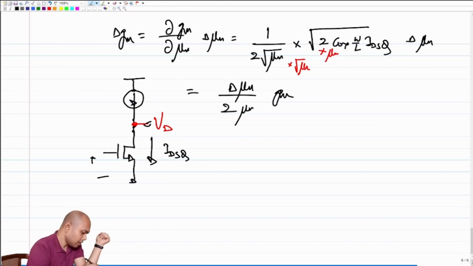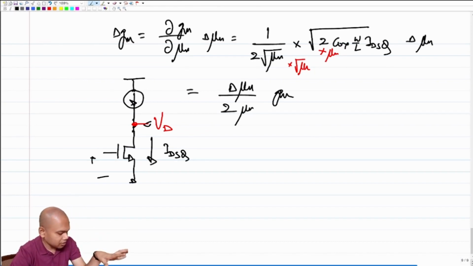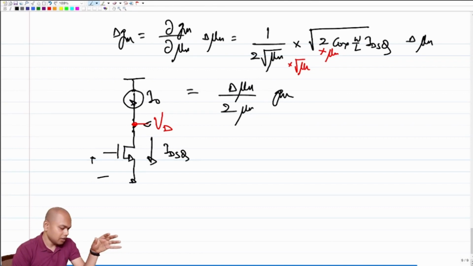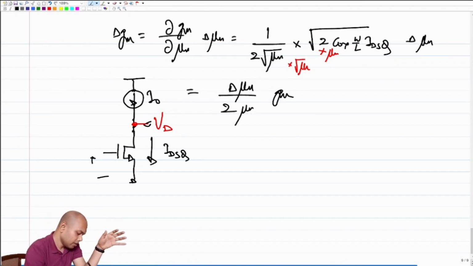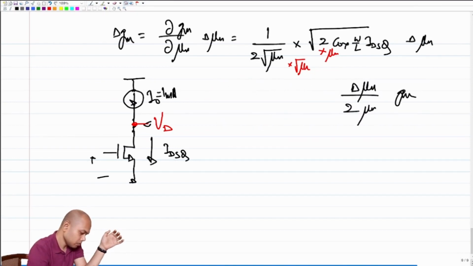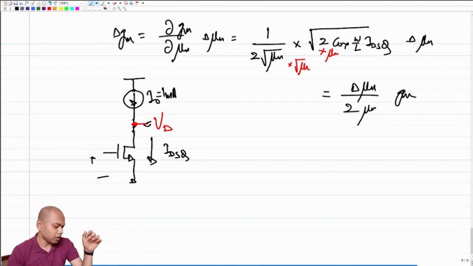Okay, so let's do a thought experiment. I give you a transistor and I give you a constant current source of value I naught, right? Let's say I tell you that I naught is 1 milliamp.